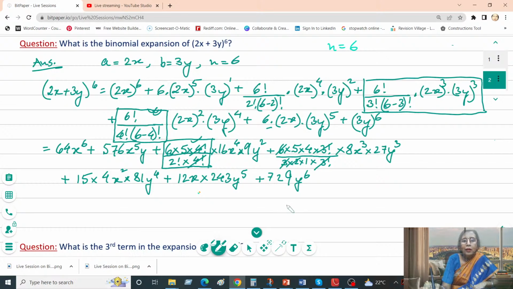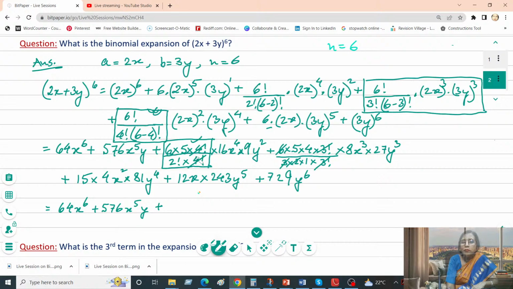Okay. So actually it has become a little clumsy. Sorry for that. It is 64x to the power of 6 plus 576x to the power of 5y plus this one is 15 we have seen.